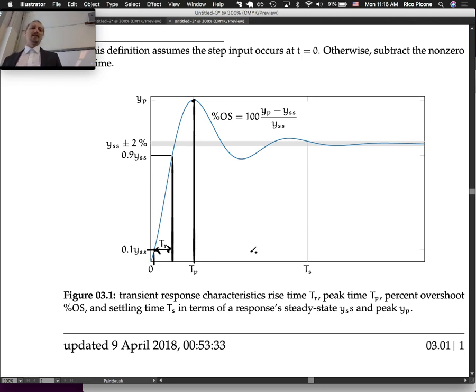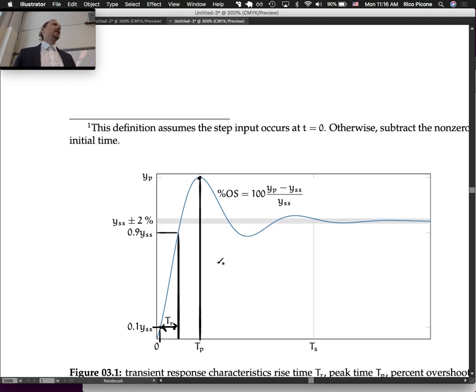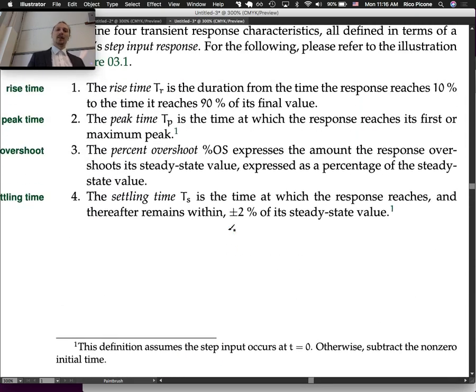Otherwise, it's the time interval from the start to TP. But if we say that it starts at time 0, we can just say the time TP. It's the time it takes to get to the peak. Technically it's an interval, but usually we take the initial time to be 0, so we can just read the time off the axis, and that is equal to the interval.